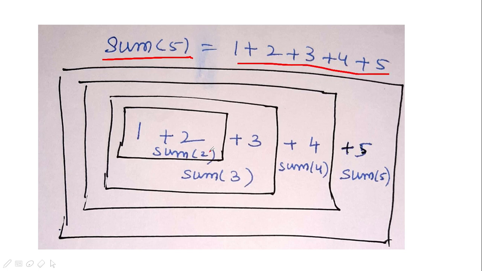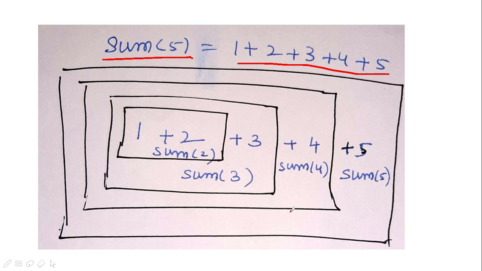When you look at 1 plus 2 plus 3 up to 4, this is the sum of 4. What is the sum of 4? It is 1 plus 2 plus 3 plus 4. The sum of 3 is 1 plus 2 plus 3. The sum of 2 is 1 plus 2. The sum of 1 is 1. So how can we have a look?